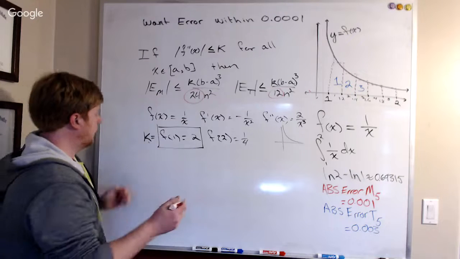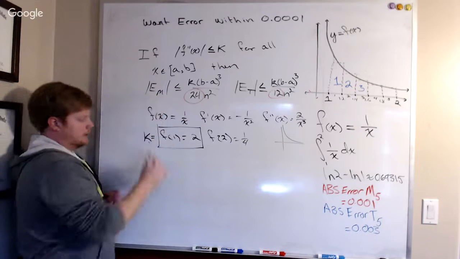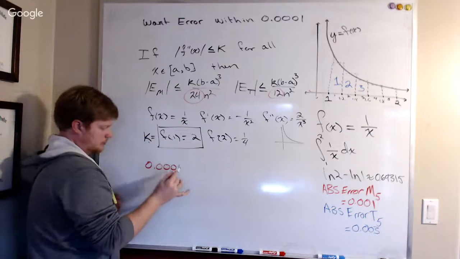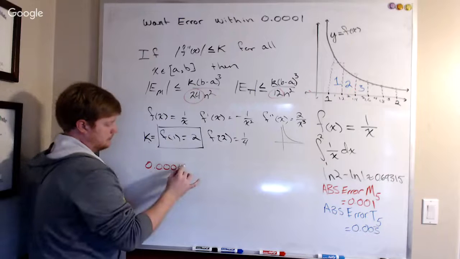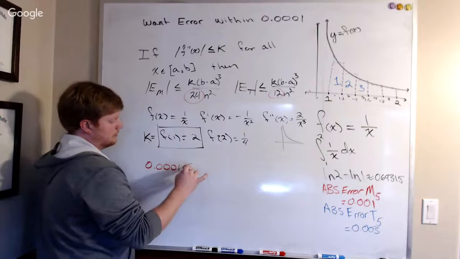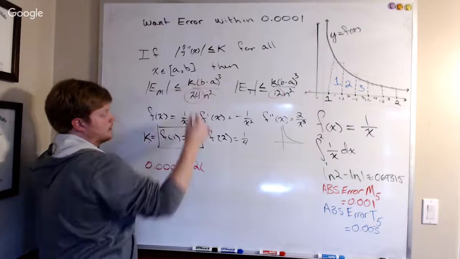Okay, so we want the error to be this. K we're going to make 2. B minus a is 1.